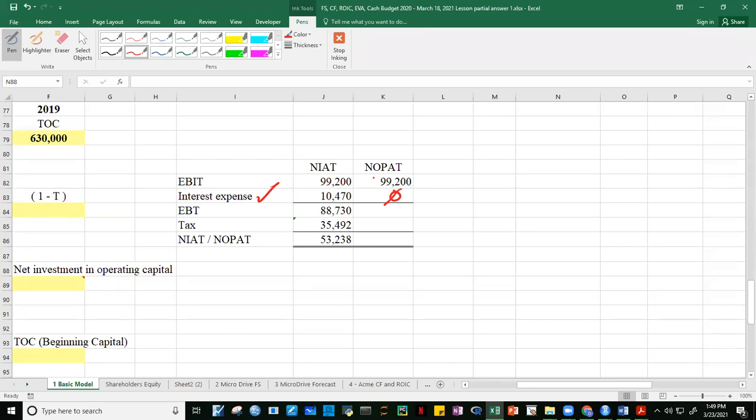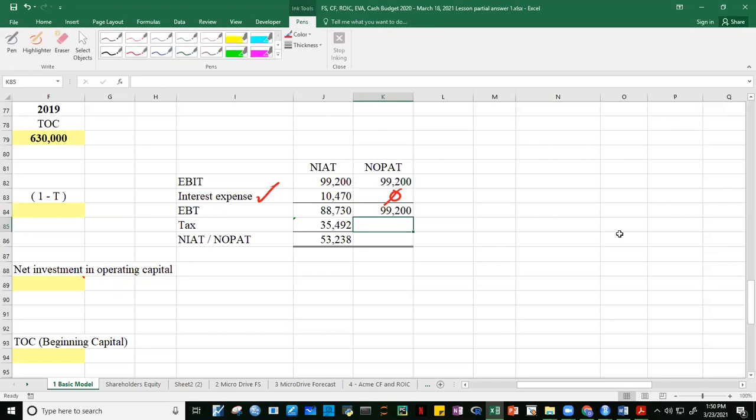Okay, let me stop there, guys. That's clear? In NOPAT, we do not charge the interest expense to assess operating performance, because that's outside the responsibility of operations. Okay, clear? Yes, sir. So therefore, our EBT now is simply this one minus 0.